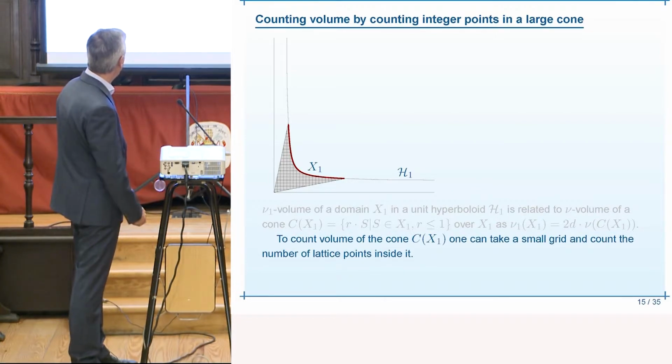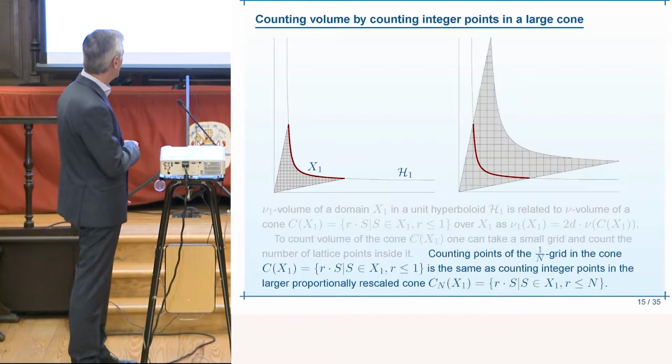Since everything is homogeneous here, we have a scaling parameter, so instead of considering surfaces of area 1, this unit hyperboloid, we can consider a larger hyperboloid and transform our small grid to a unit square grid.